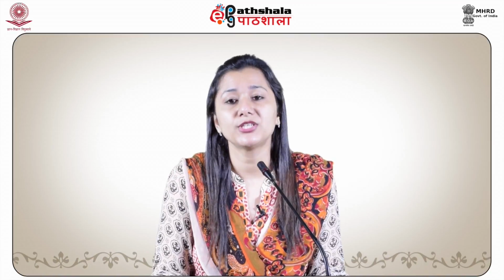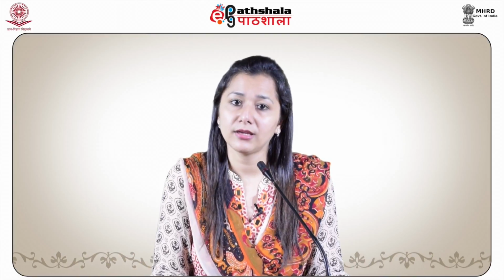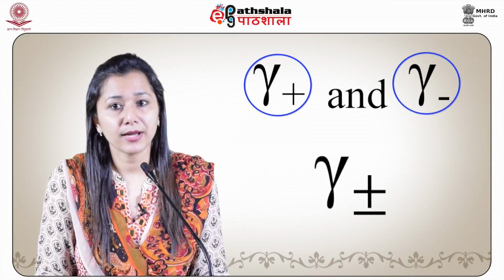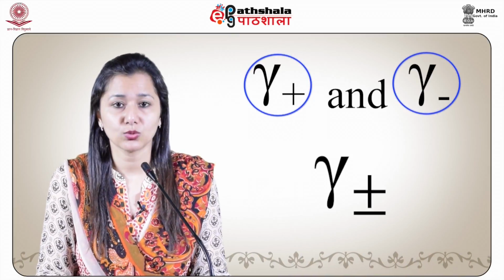Now we shall talk about the mean activity coefficient. The activity coefficient of individual ions can never be determined because in a strong electrolytic solution, only cations or only anions can never exist. Cations are always accompanied by anions and vice versa. Therefore, γ+ and γ- cannot be determined individually.